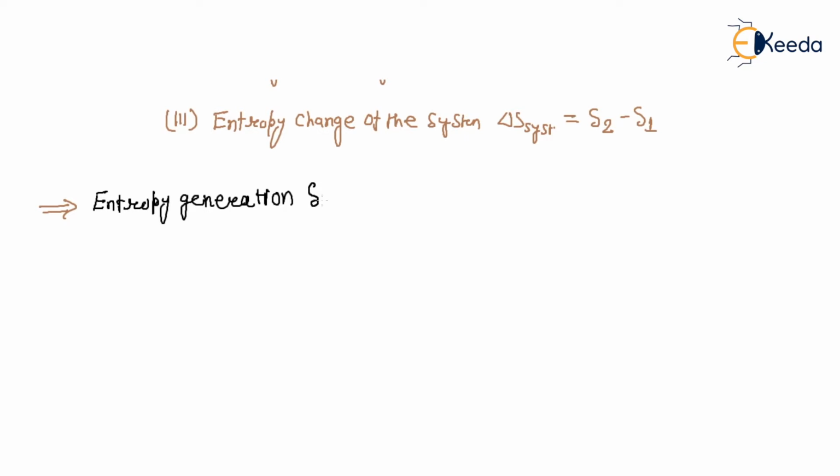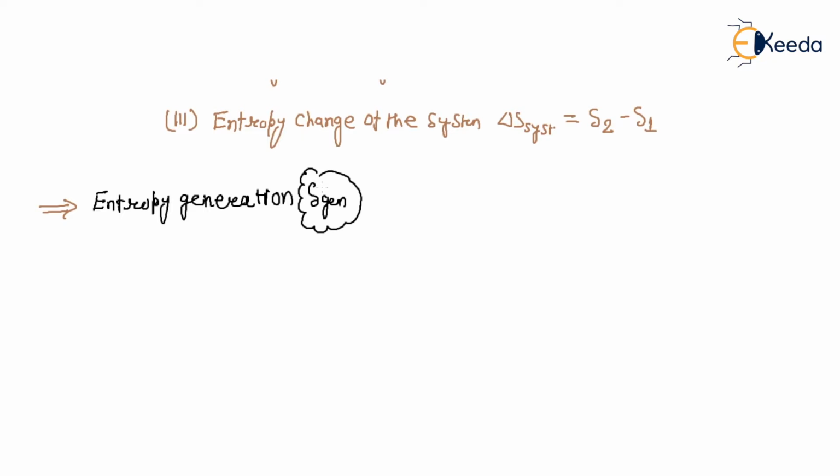Entropy generation, S gen. First, why does this come into the picture, why is there entropy generation? Because of irreversibility, such as friction, mixing, that is when two gases are mixed together, chemical reaction, and heat transfer through a finite temperature difference.